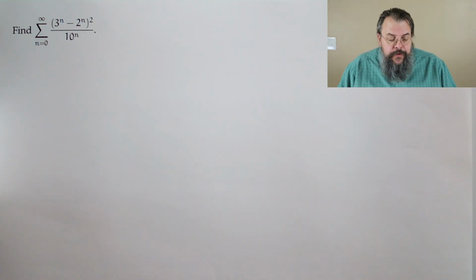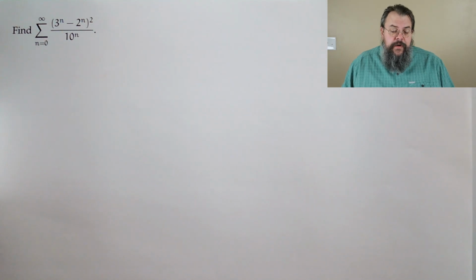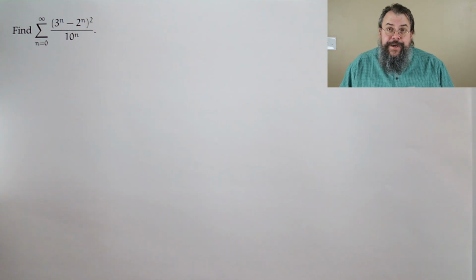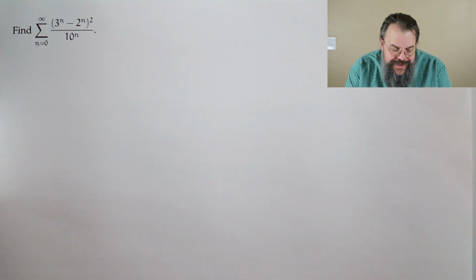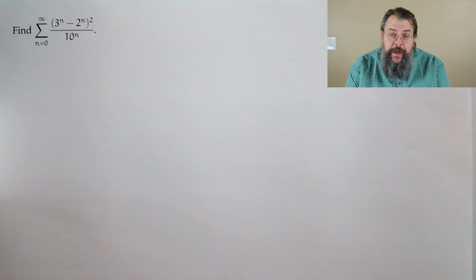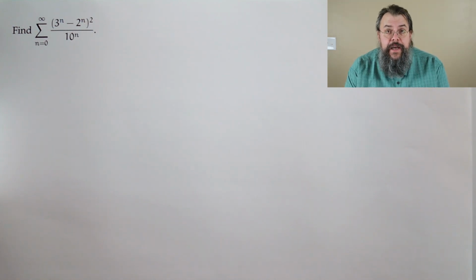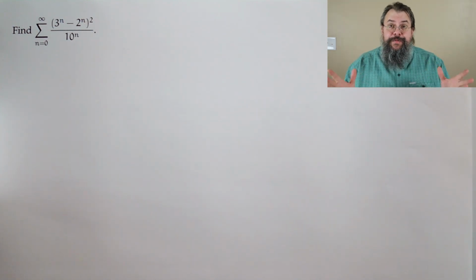Find the sum from 0 to infinity of (3^n minus 2^n) quantity squared, divided by 10 to the power n. Okay, cool. Now, we have to think, what is this? We see things to the power n. That says geometric.